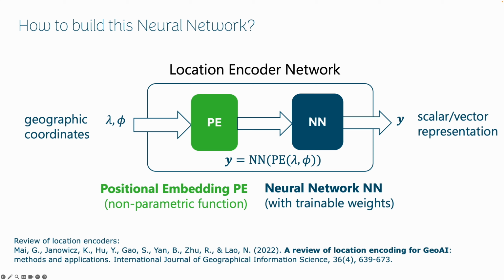You just spread out the coordinates, longitude and latitude, into a higher dimensional vector of preferably multiple frequencies. Then you put that through a neural network to store and mingle that with the weights and the information that is learned from the training data. And there has been a nice review from Gengchen Mai on this, where he summarized the whole series, also a lot of his work and related work, in a review on location encoding in GeoAI, which summarizes this very nicely.